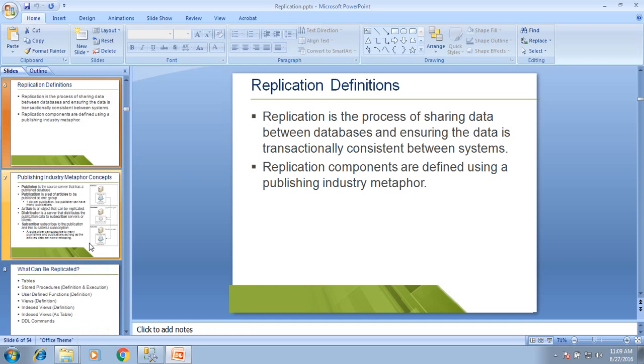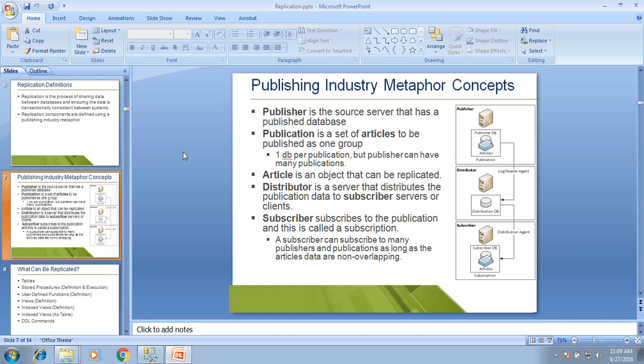If you're familiar with the publishing industry, we have here the publisher, for example, a newspaper like the Inquirer. The Inquirer will then be referred to as the publisher, and the people that will read the articles are referred to as subscribers. The same metaphor is used here in SQL Server. The publisher will be the source of data, which is a server, maybe a server stored at the Davao City site. The subscriber will then be another SQL Server located at Cebu or another country.